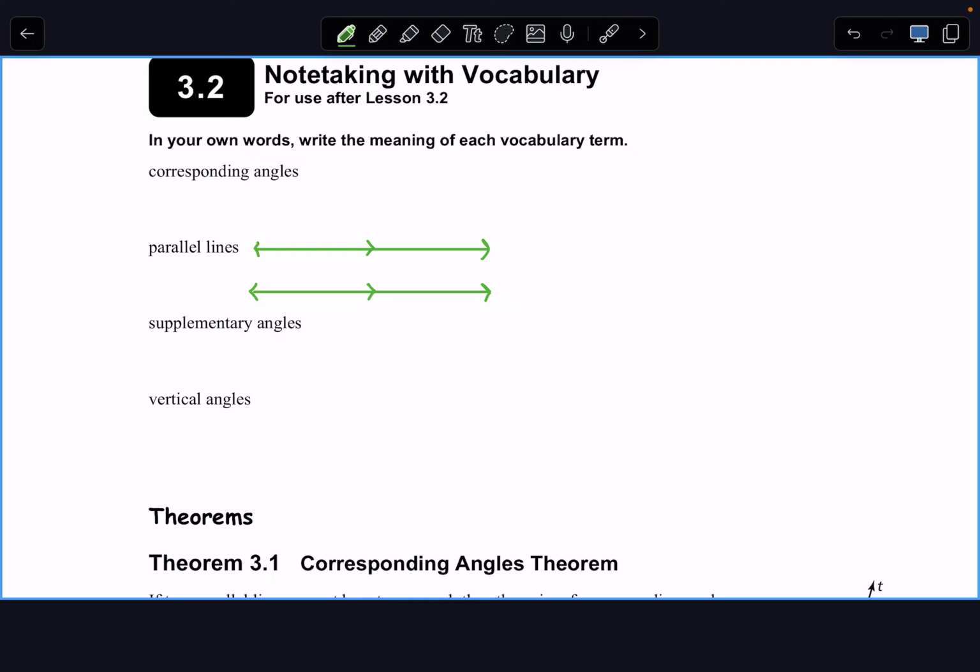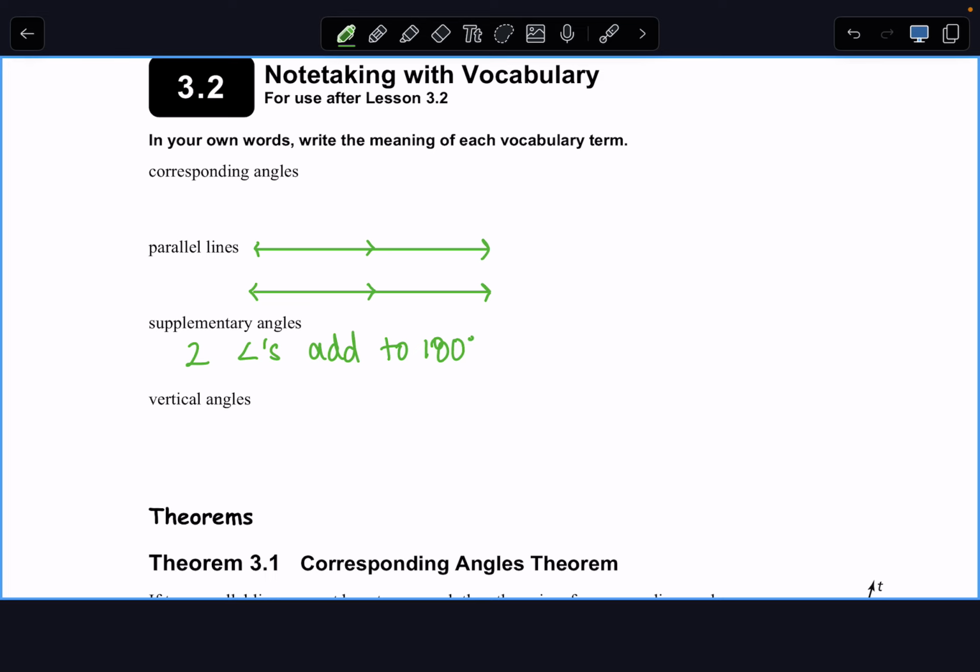All right. Now, let's just recall, supplementary means what? Two angles that add to 180. That word is going to be thrown out quite a bit today.